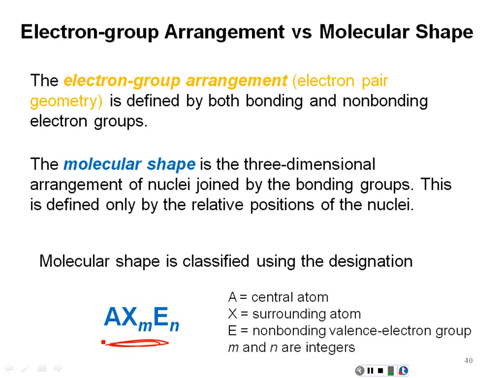A represents our center atom. X is any surrounding atom. E is non-bonding pairs around the center atom. And M and N are integers. M is the number of bonding atoms surrounding the central atom, and N would be the number of non-bonding pairs on the center atom.